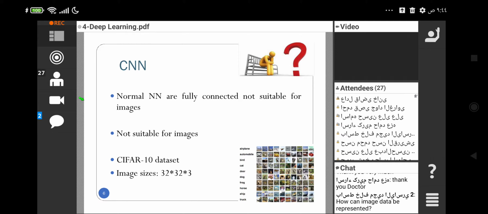This data is image data. The type of data we are talking about in this example is images. And how could we represent the images? I talked about this a little, but I will talk about it more in this session.